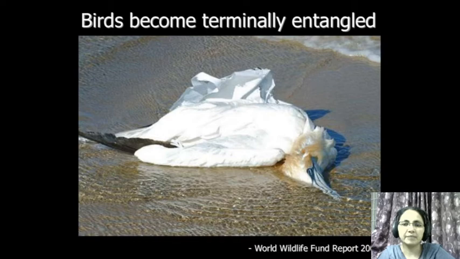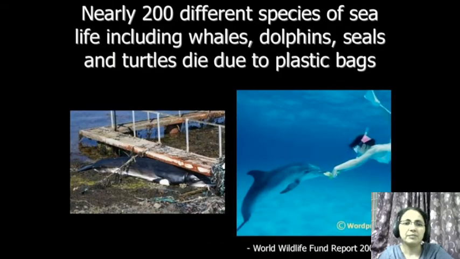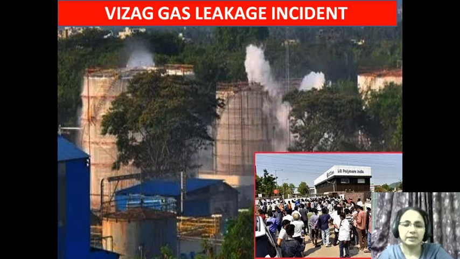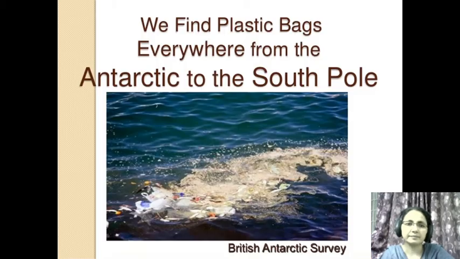Birds become terminally entangled. Nearly 200 different species of sea life, including whales, dolphins, seals, and turtles, die due to plastic bags. They die after ingesting plastic bags, which they mistake for food. Recently, we have heard about the Vizag gas leakage incident, where polystyrene gas was leaked.